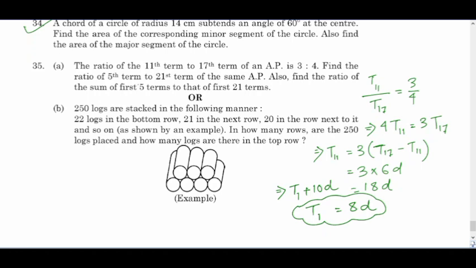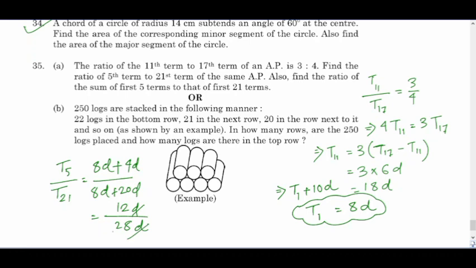Now find the ratio of the 5th term to the 21st term. The 5th term is the first term 8D plus 4D, the 21st term is 8D plus 20D. Now this is 12D, this is 28D, D cancelled out, this is 3 by 7. So the first answer is 3/7.